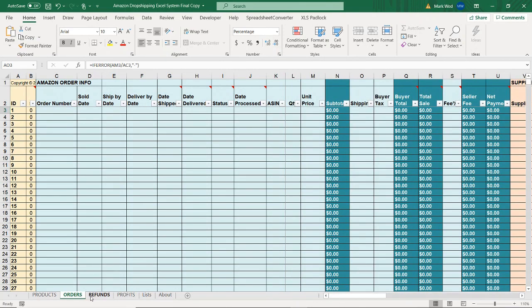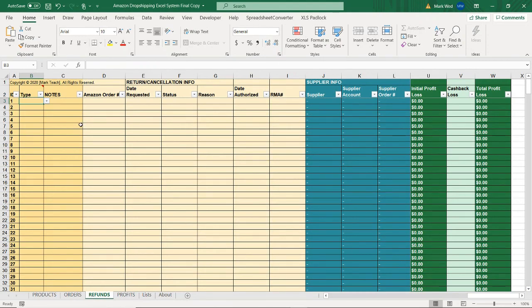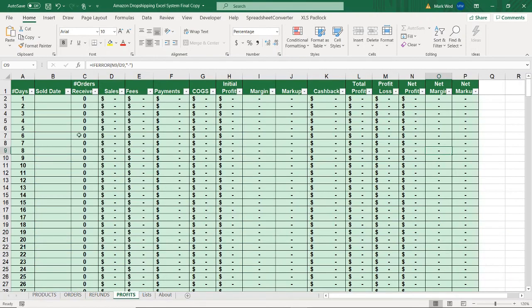You can also use it for refunds, in other words, returns and cancellation orders, and it will calculate the profit loss. It will also provide you with a daily profit summary for your store, so you will know how many orders you've got per date, the cashback you got, the total profit, the initial profit, profit loss, the net profit, all of that stuff.